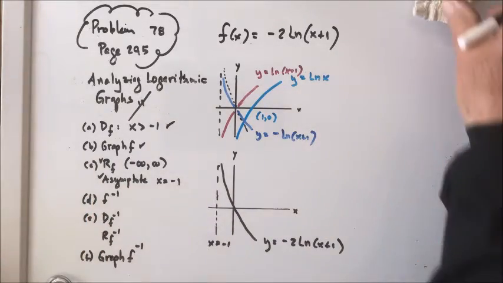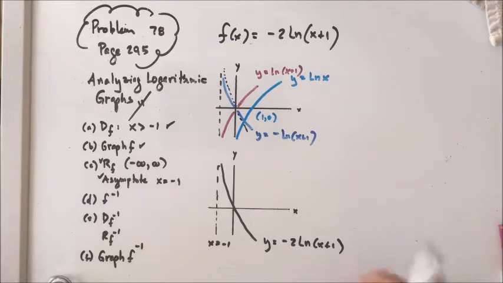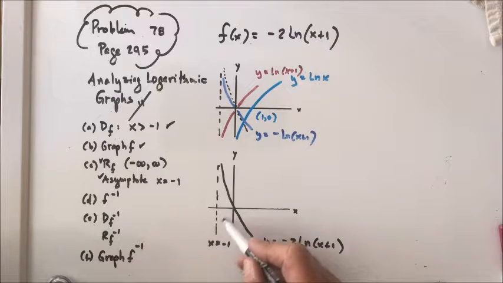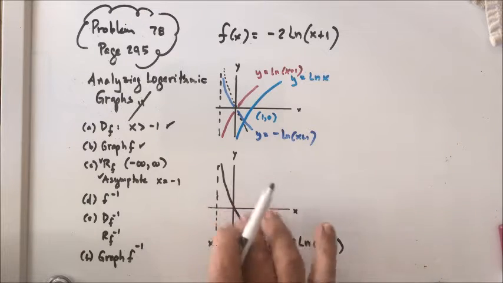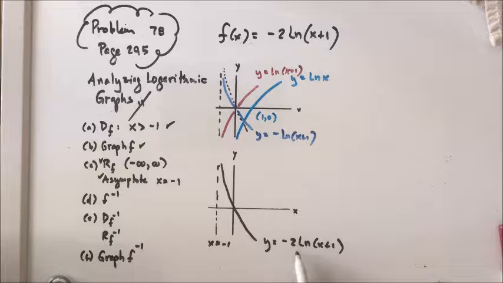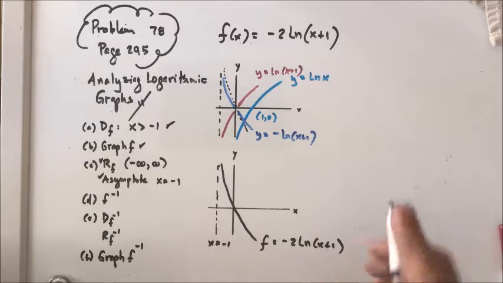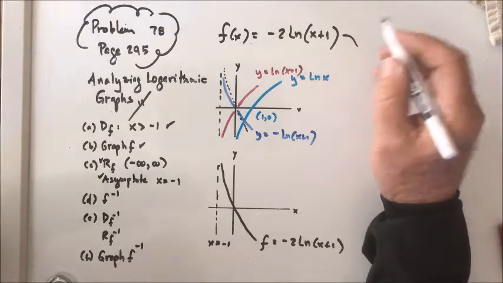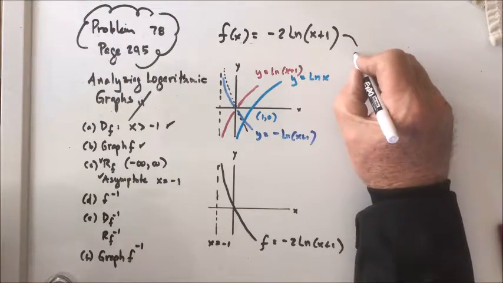I now need to calculate f to the minus 1. So one way to produce this function is to start with its graph, perhaps, draw the line y equals x, flip this function around it, and I will have generated the inverse to this y is equal to f of x. But maybe we should do that algebraically. And to do it algebraically, we take this equation and we compose f with its inverse.